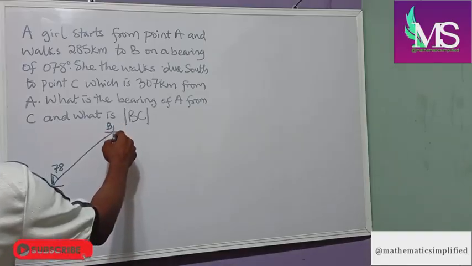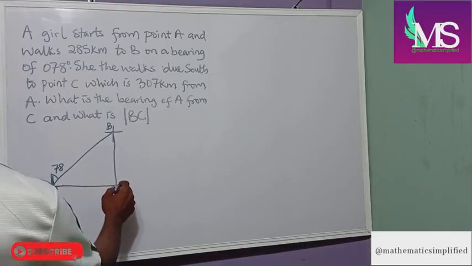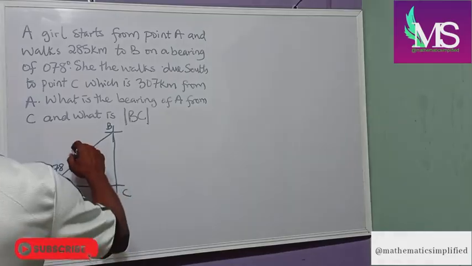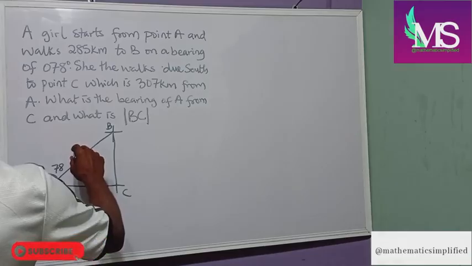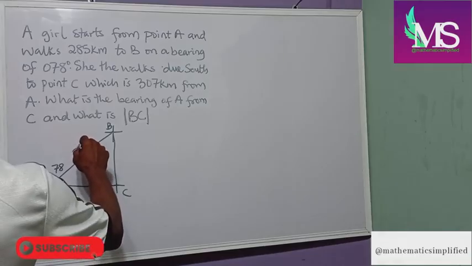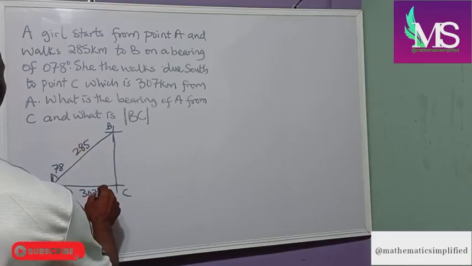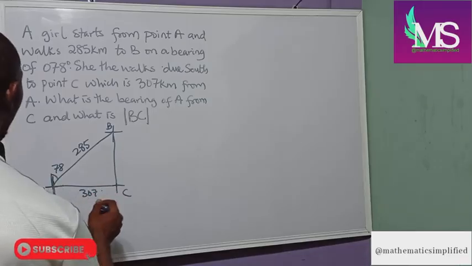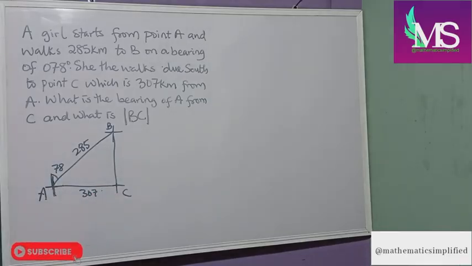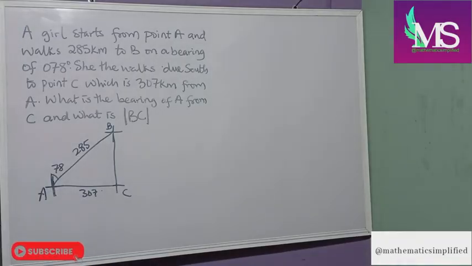Due south means she walks down straight to point C. Now this is 285 kilometers and this is 307 kilometers. Now our question says, what is the bearing of A from C?